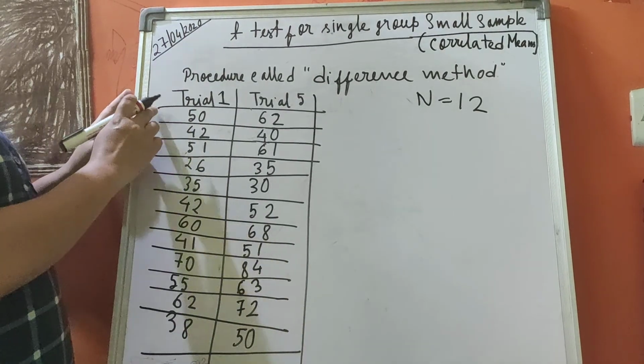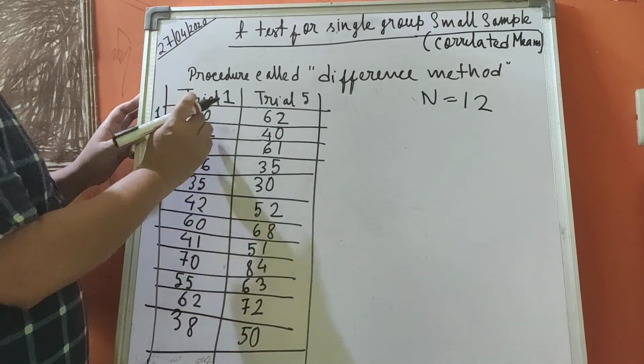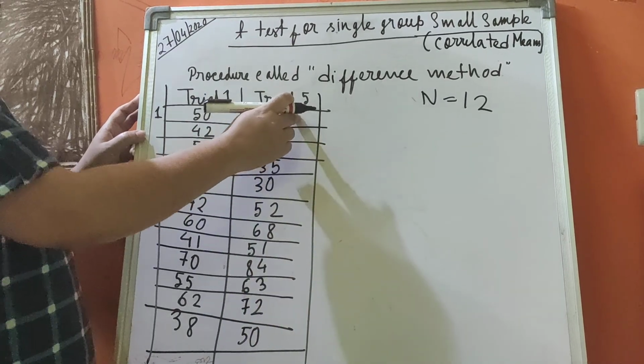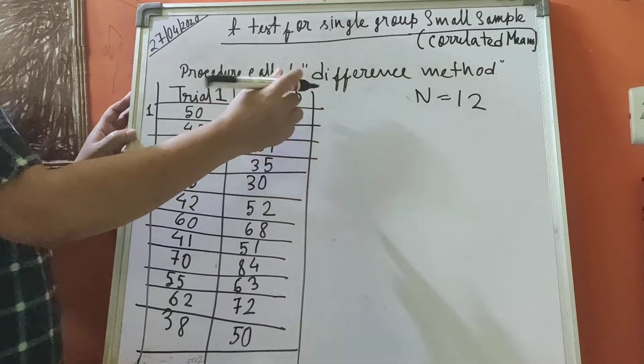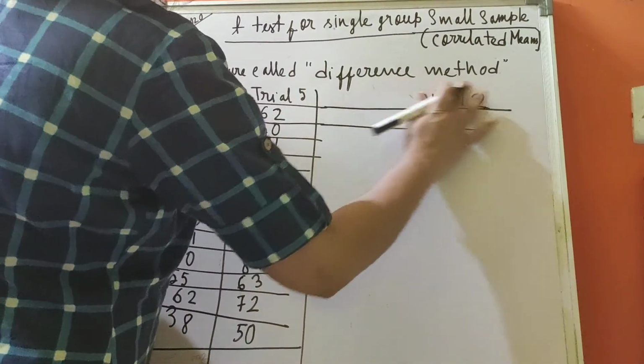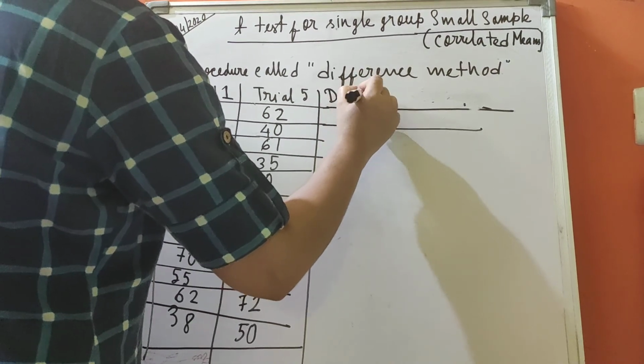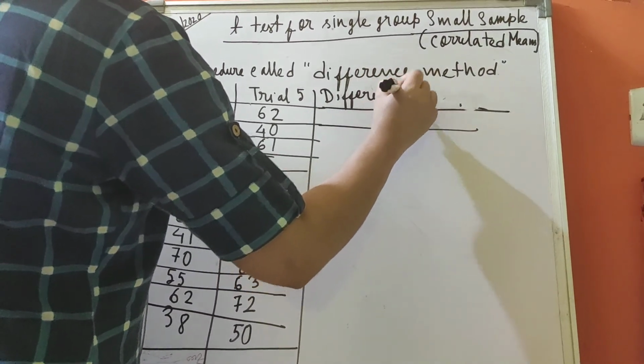So there are 12 subjects. So this is the score of subject 1 in the first trial and in the 5th trial. So we'll find out here first the difference, which is called the difference. That's why this method is called the difference method.